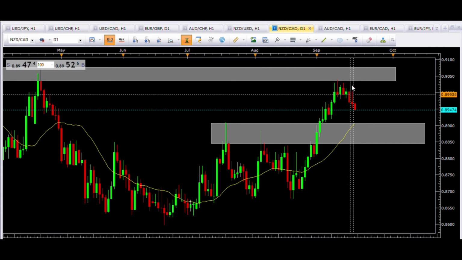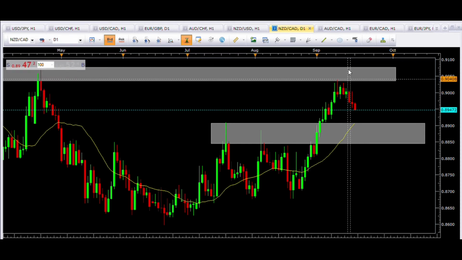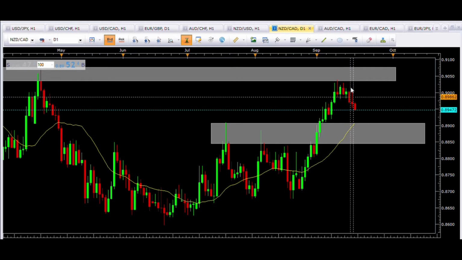And then I'm looking at what I traded yesterday on Thursday the 16th of September. So I had this large candle form on the 15th. You can see this large red candle here. And then I executed on the 16th of September, the Thursday.